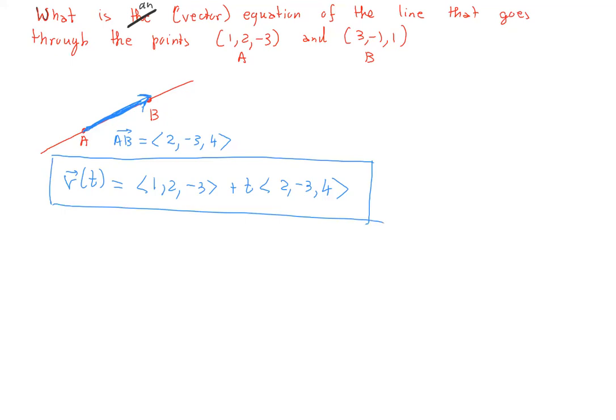The truth is that this actually occurs so often. It is so often important to be able to find the equation of a line that goes through 2 points that I would like to give the general formula, the general pattern.